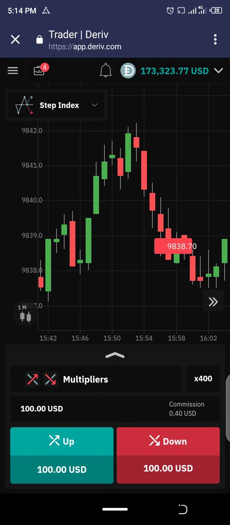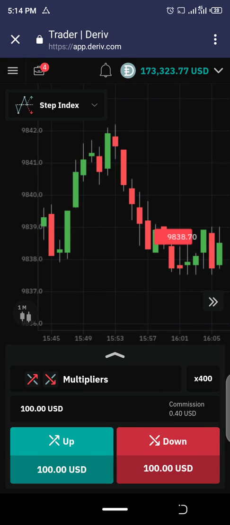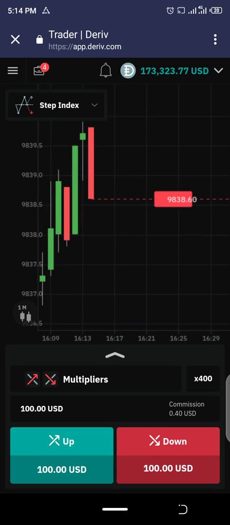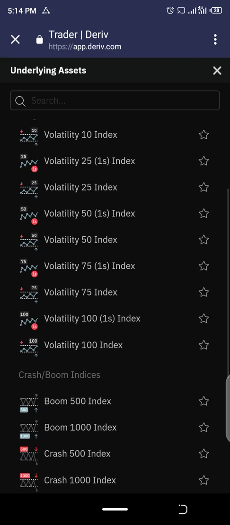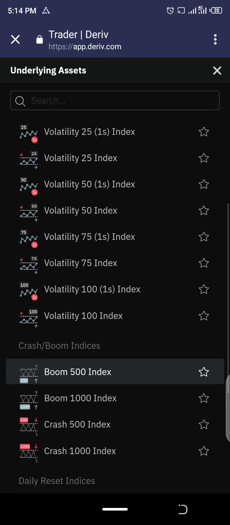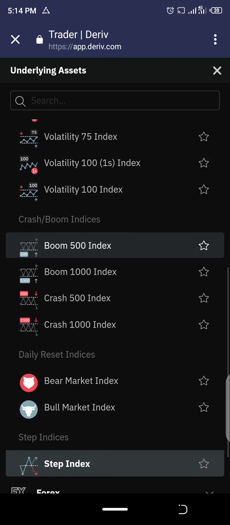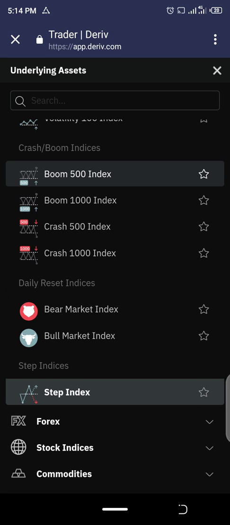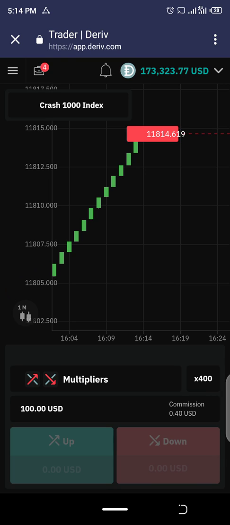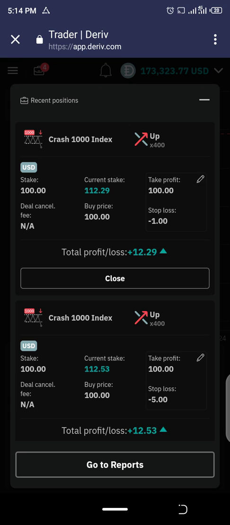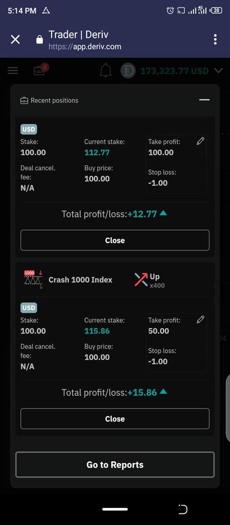You can see that step index had been added, and that's a lot of fun, but it only works with the multipliers, and a lot of things just work with the multipliers because Deriv are just trying to spice things up, to give a trader a lot of options to play around with. So I believe these are a lot that traders should leverage on.